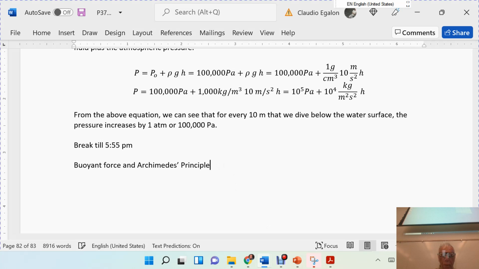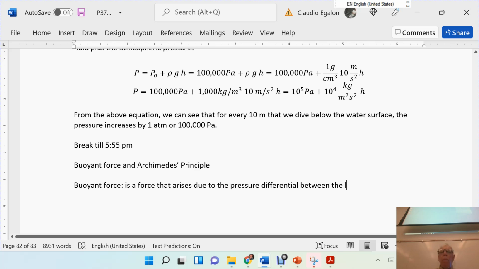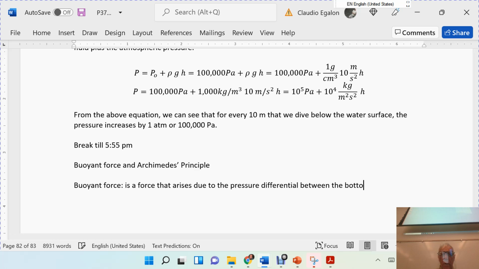Buoyant force is a force that arises due to the pressure differential between the bottom and top portion of an object.